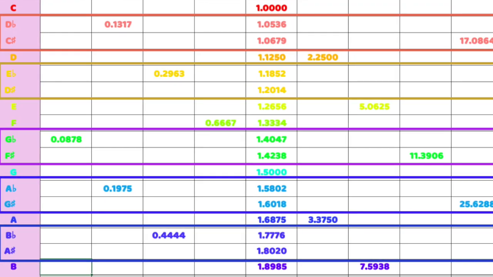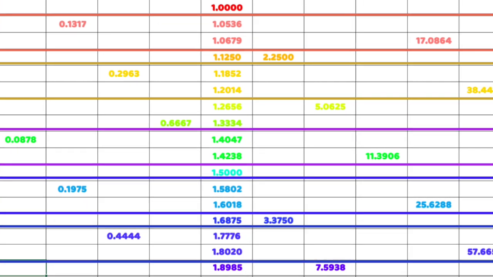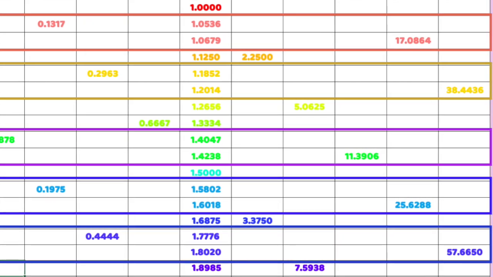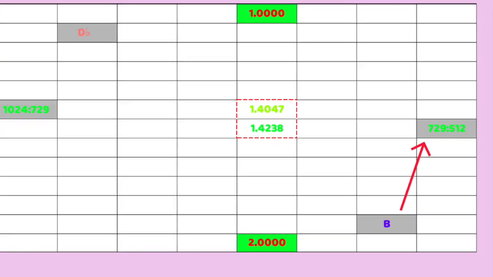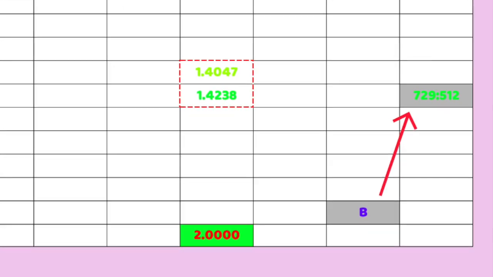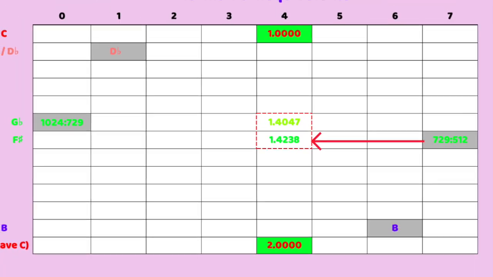This makes jumping from key to key on a stringed instrument without replacing your fret locations impossible since inharmonic notes are not equal to each other. Recall from our previous example in the interlude. Consider the perfect fifth jump from B6 to F sharp 7, resulting in a 729 to 512 ratio, which makes the coefficient 1.4238.